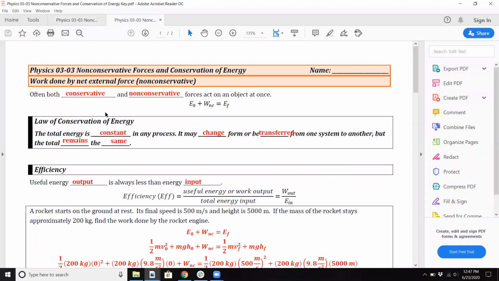So often both conservative and non-conservative forces act on an object at once. Non-conservative forces will be like friction or air resistance.